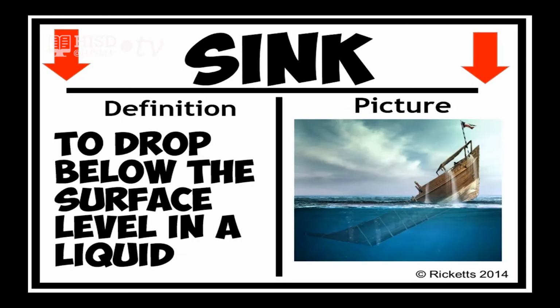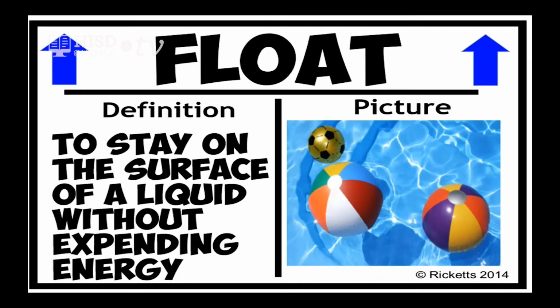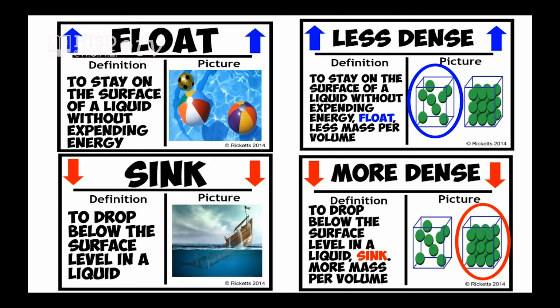Sink: to drop below the surface level in a liquid. Float: to stay on the surface of a liquid without expending energy. Now let's take a look at this side. I have the original words that we used in relationship to floating and sinking on the left-hand side, and our new vocabulary terms dealing with density on the right-hand side.